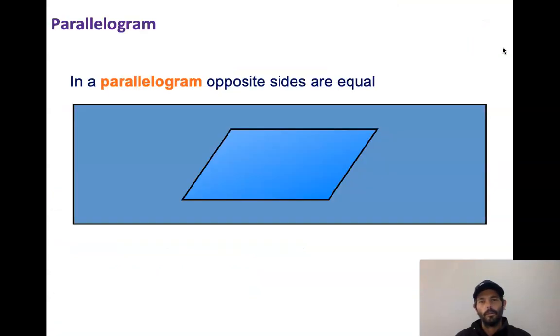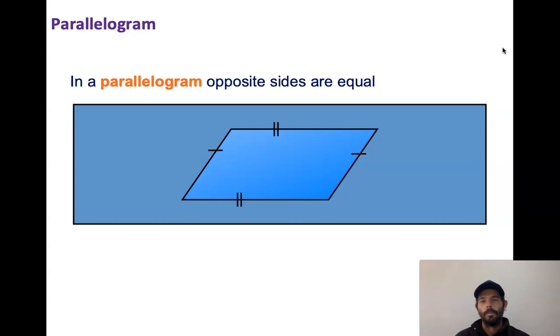Okay, good. So the first shape we're going to look at is a parallelogram, and quite often described as a rectangle that's been pushed over onto its side. But the opposite sides are equal, so the same as a rectangle. And we indicate those equal sides by drawing those stripes.